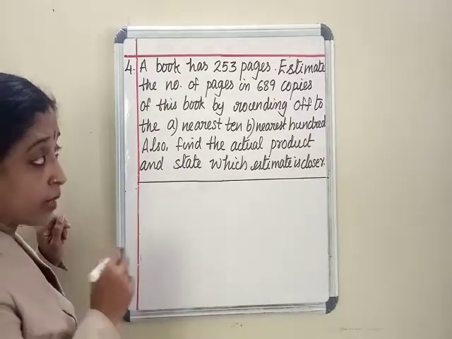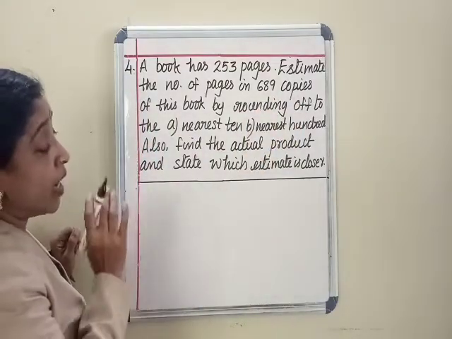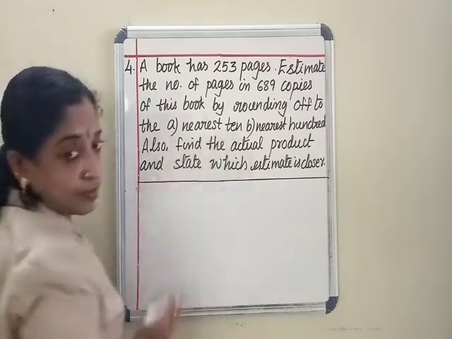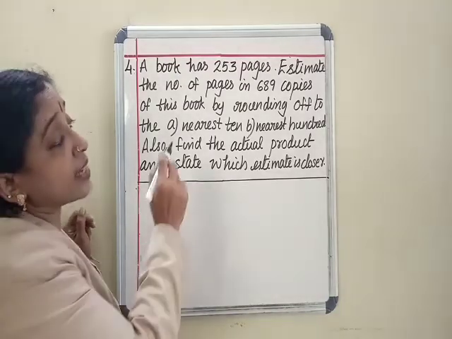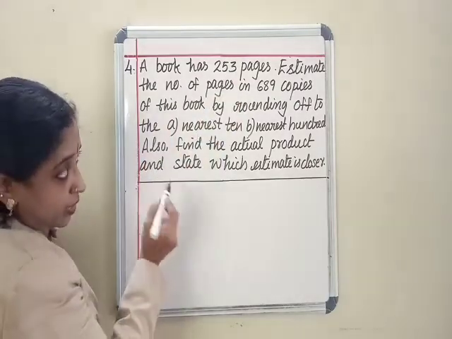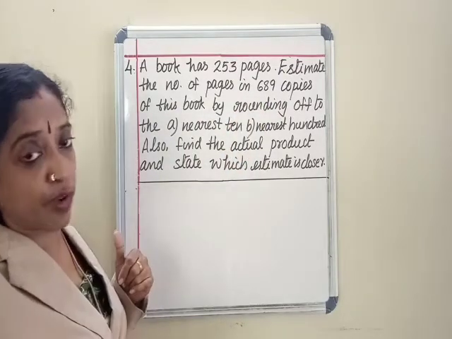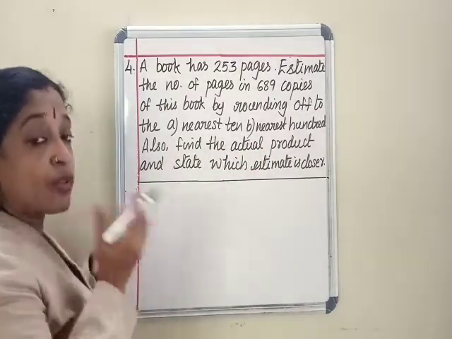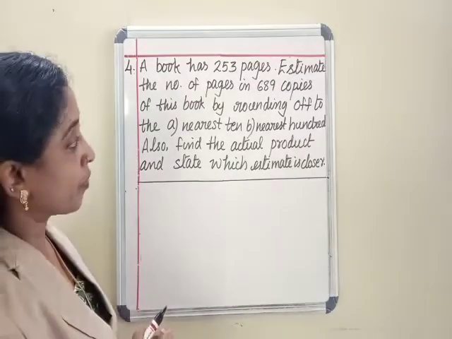How many books are there? 689 copies means 689 books are there. We have to round off both these numbers to the nearest 10 and nearest 100, and total number of pages we have to find out. Also we have to find the actual number of pages.